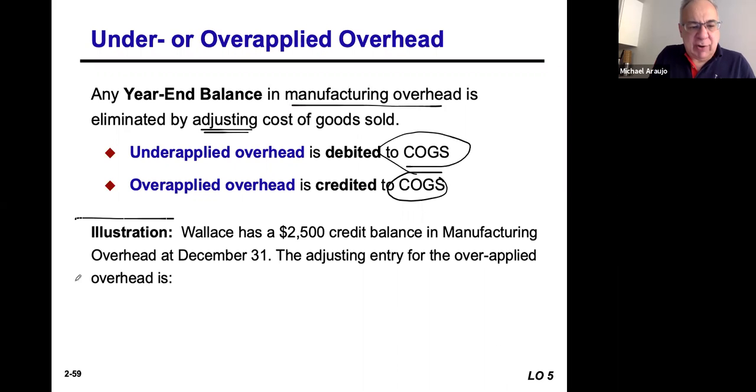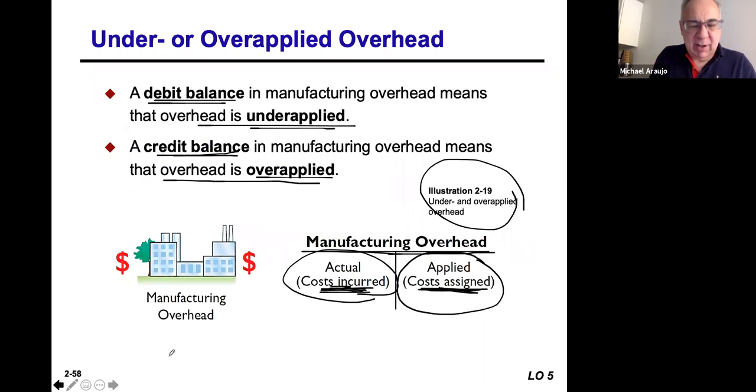So here's the illustration, and this is just a basic one. Wallace Company ends up with a credit balance in manufacturing overhead. So let's go back to the previous slide. A credit balance in manufacturing overhead means, in this case, that the overhead was over-applied.